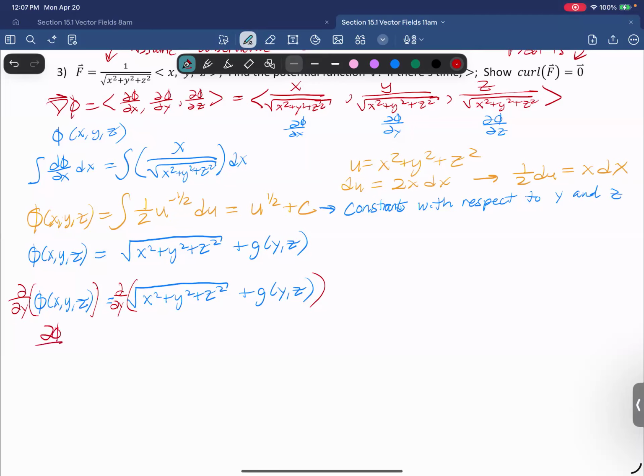So we get d phi dy equals, this is x squared plus y squared plus z squared to the 1/2, which means with respect to y will give us x squared plus y squared plus z squared to the negative 1/2 times 2y.